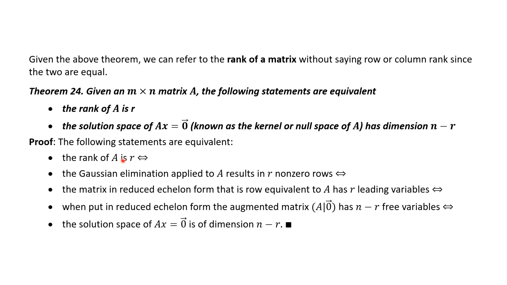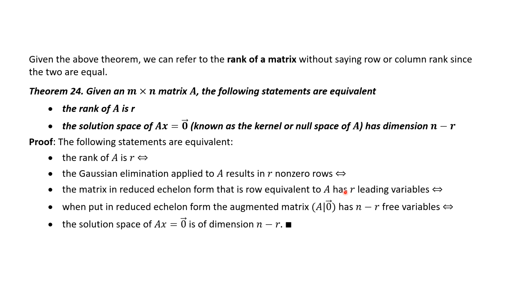So the rank of A is R if and only if the Gaussian elimination applied to A results in R non-zero rows. In other words, when we get the matrix A into reduced echelon form, which is what we've been working with in the previous slides.